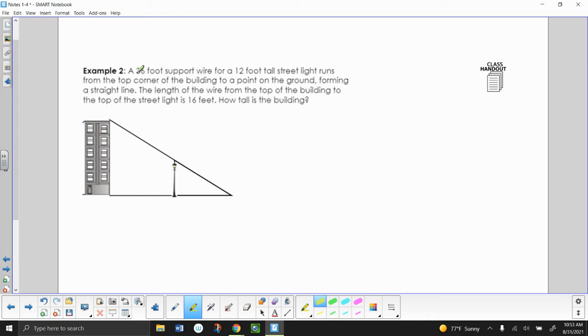All right, here's another example, again just applying what we know about similarity. It says a 36-foot support wire for a 12-foot tall street light runs from the top corner of a building to a point on the ground. So this right here is the support wire, and we know that that is 36 feet long. We also know that our street light is 12 feet tall.